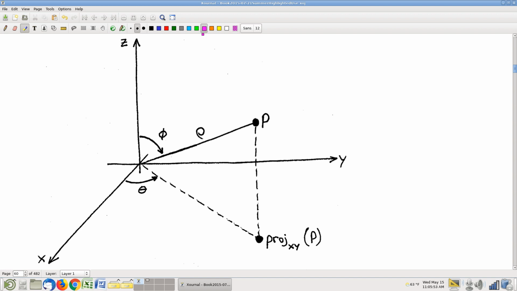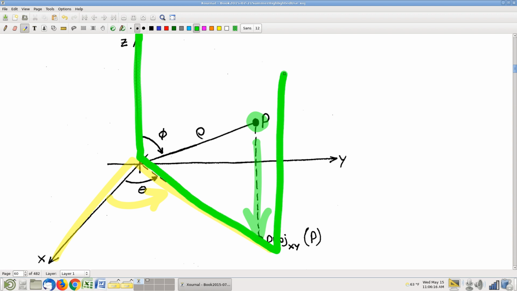Okay, so if you want to describe a point here, we are still going to drop a perpendicular. We are still going to then interpret this angle theta, but we're not going to look at R. We're instead going to look at these other two coordinates.